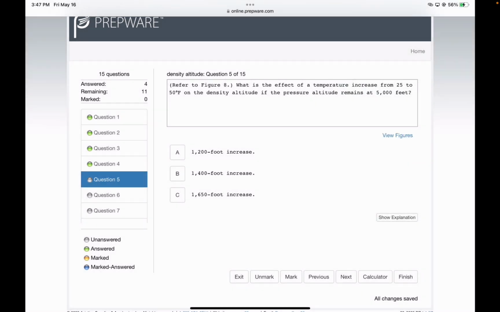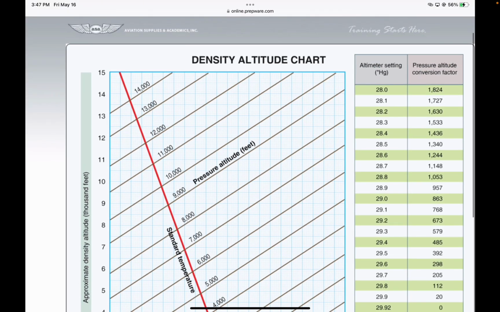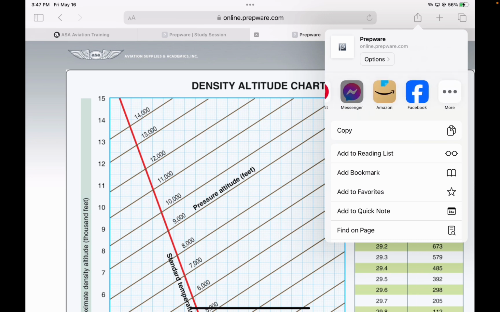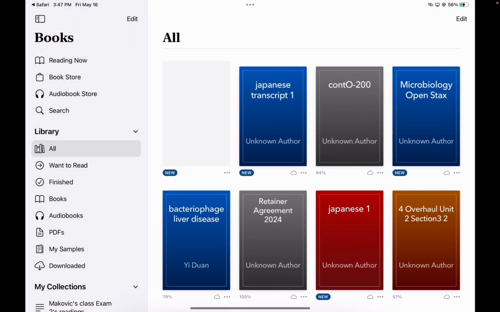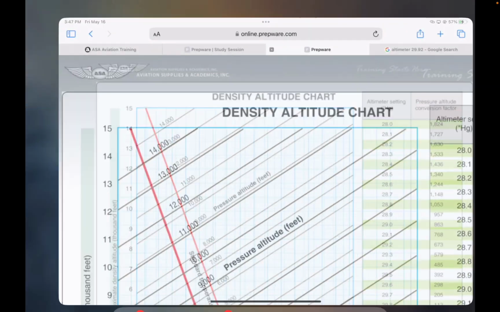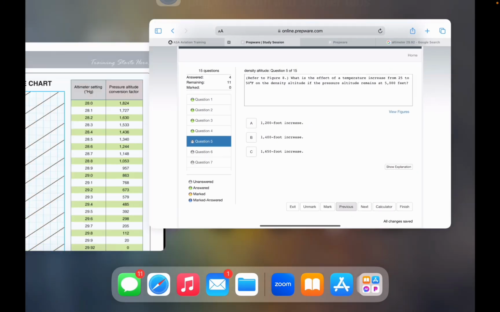I want to save this because I want to draw on it. First, let's memorize the question. It says 25 to 50 degrees Fahrenheit, and it's asking for density altitude, and it says the pressure is 5,000 feet.